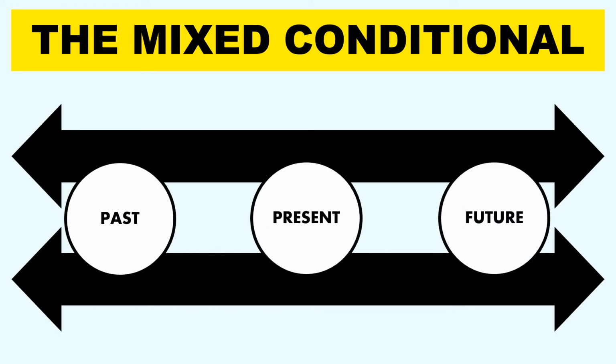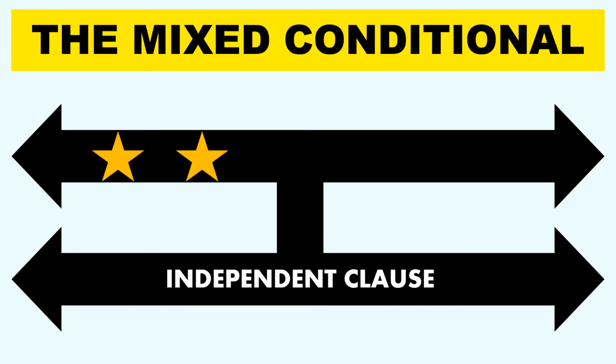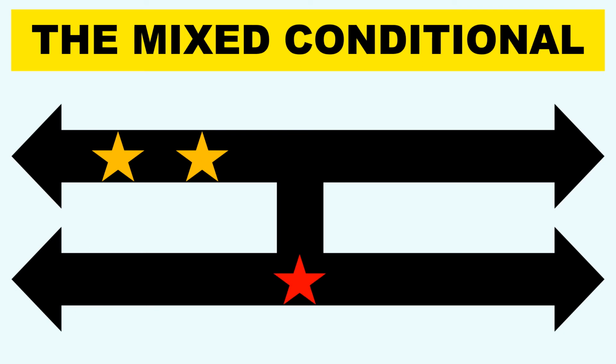So let's take a look at what a mixed conditional tense would look like on our timeline. Past, present, and future. And we also have the subordinate and independent clause. The subordinate clause has a past event that took place before another past event. The independent clause has a current event. And in this context, the past event that occurred before another past event has an impact on the present.